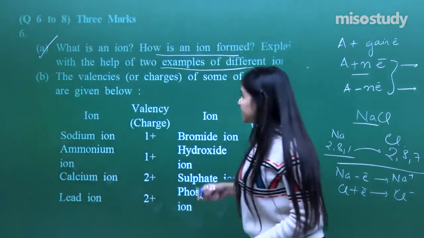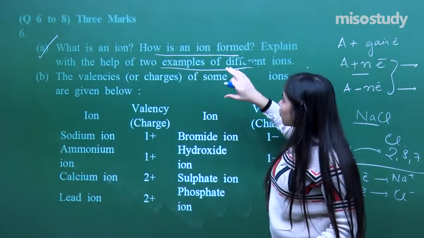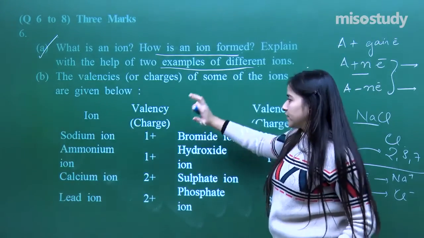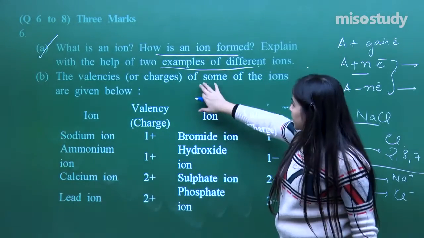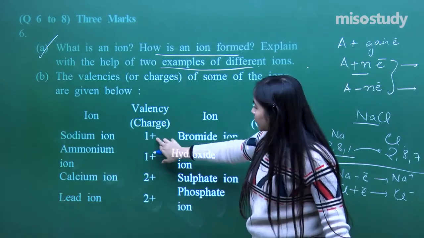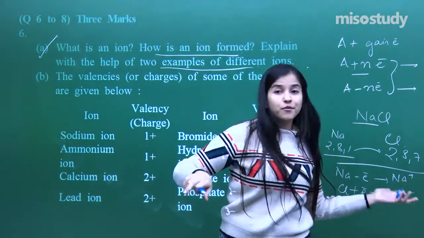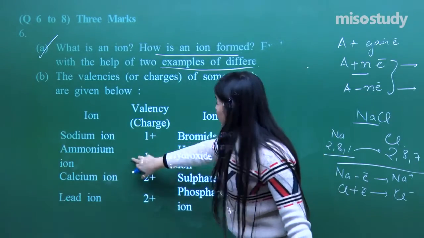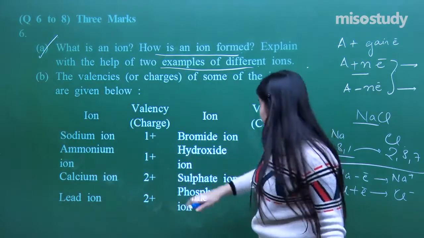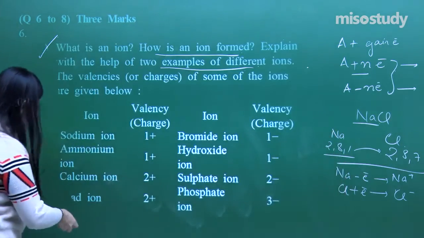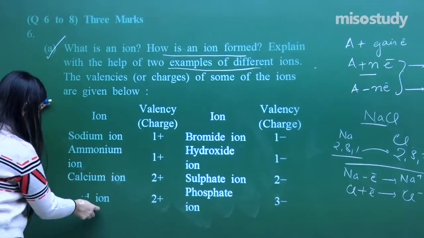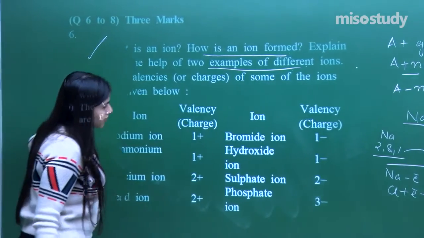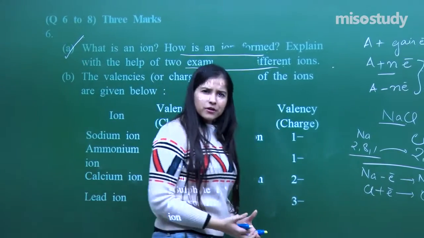Got it? Now, the valencies or the charges of some of the ions are given. Study this data. They have given the valencies. Sodium ion +1 we know, we just formed it. Ammonium ion +1, yes. The next one is calcium ion +2, lead is +2. So what is the purpose of giving this particular data?